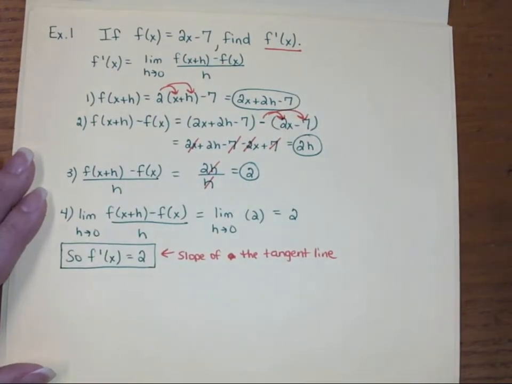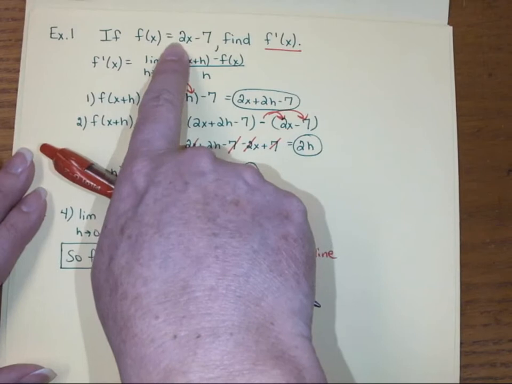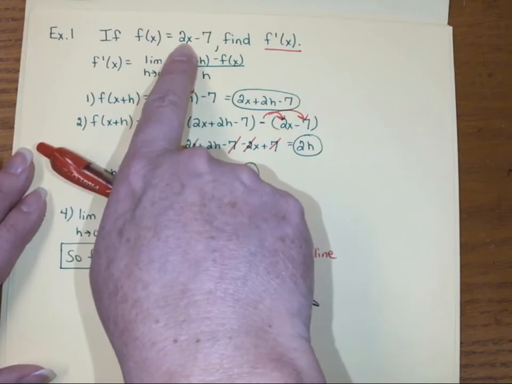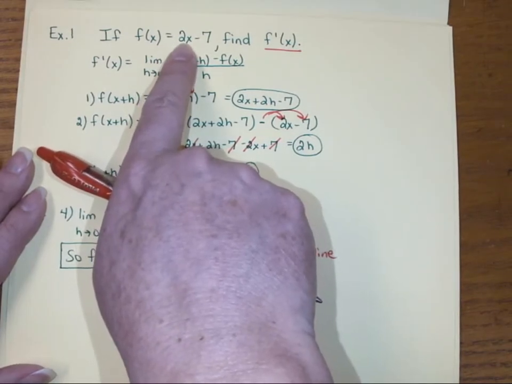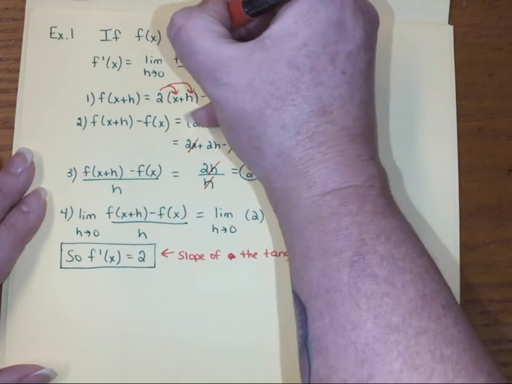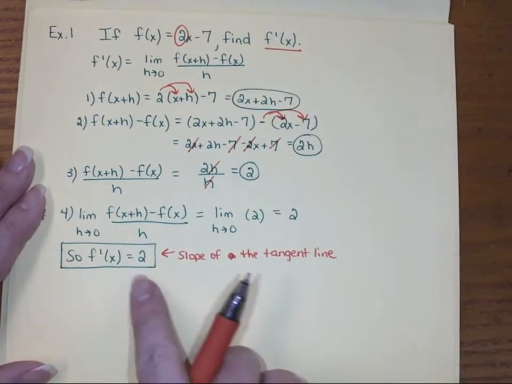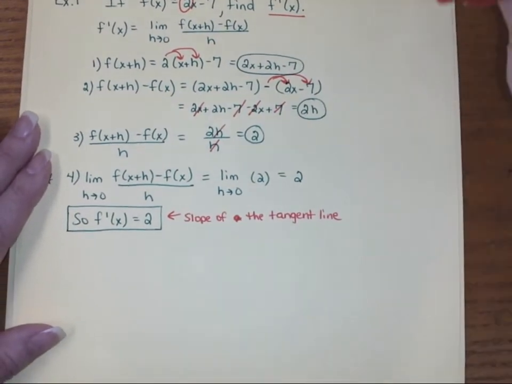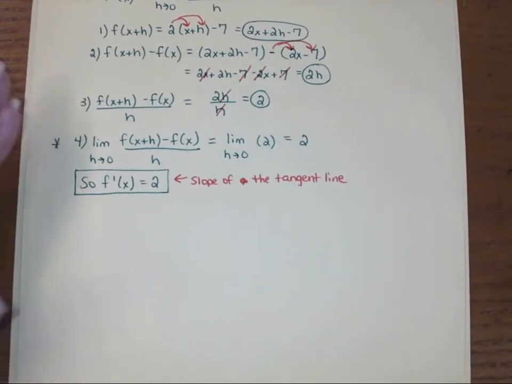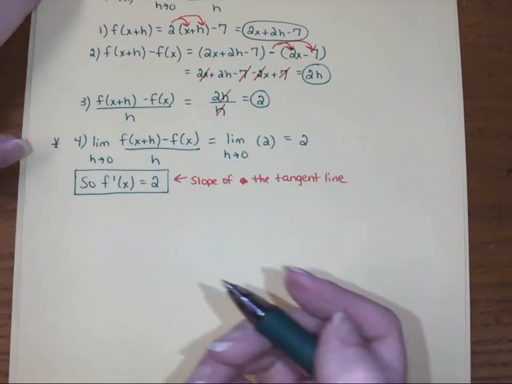It was linear. And so what's always going to be the slope of this line, no matter where the point is located on that line? Notice the slope will always be 2. And that's the answer that we got when we did the derivative. So that's what I meant when I said it's really not that interesting, because it's a steady function. The slope of that tangent line is always 2 because it's just a line to begin with.